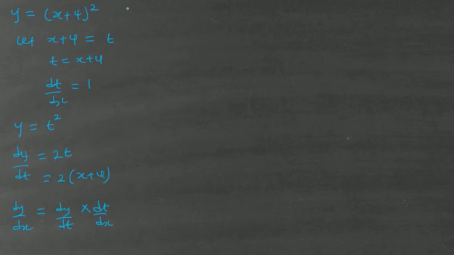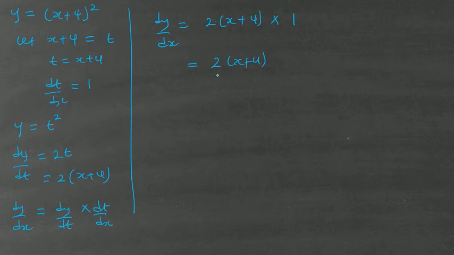Then when we substitute, our dy/dx would be equal to dy/dt, which is 2 times (x plus 4), times dt/dx, which is 1, giving us 2 times (x plus 4), which we got even in the other method. If you expand, you get the same. So this was just to show you that you actually get the same answers. Let's look at other examples.